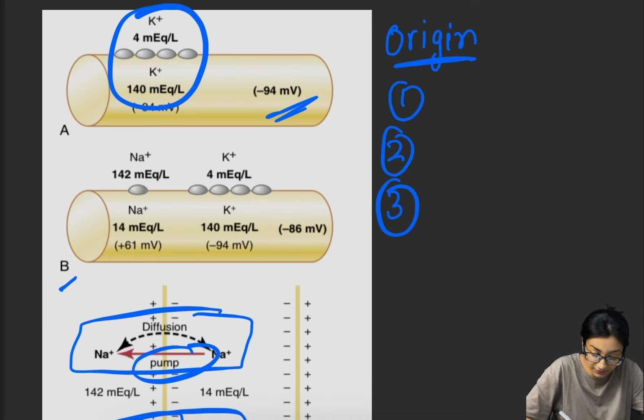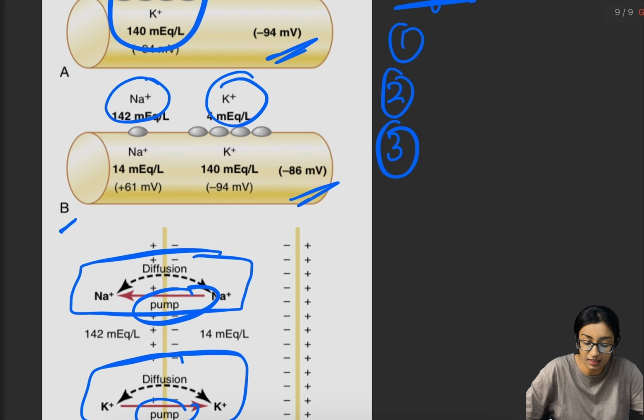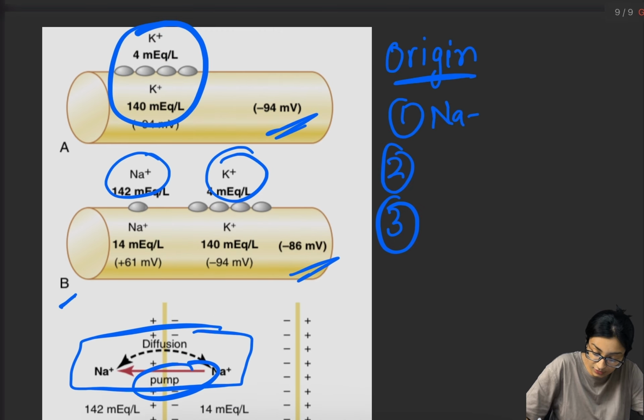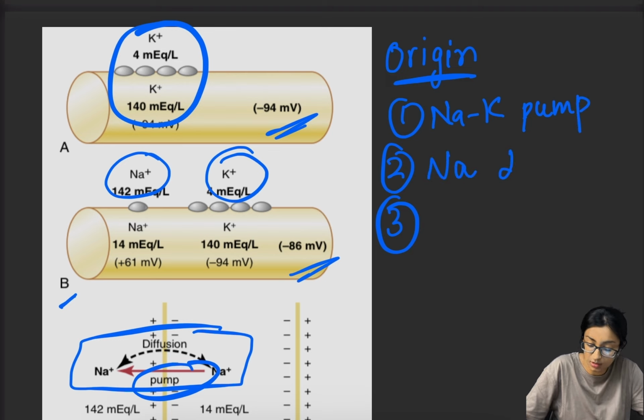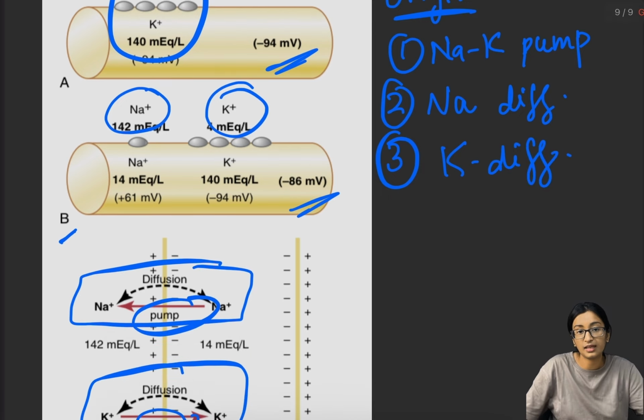In the second picture we have diffusion of sodium and potassium, which leads to minus 86 millivolts. So finally, the origin requires the sodium potassium pump, sodium diffusion, and potassium diffusion. Next, in the next video, we will learn about the action potential in the neurons.